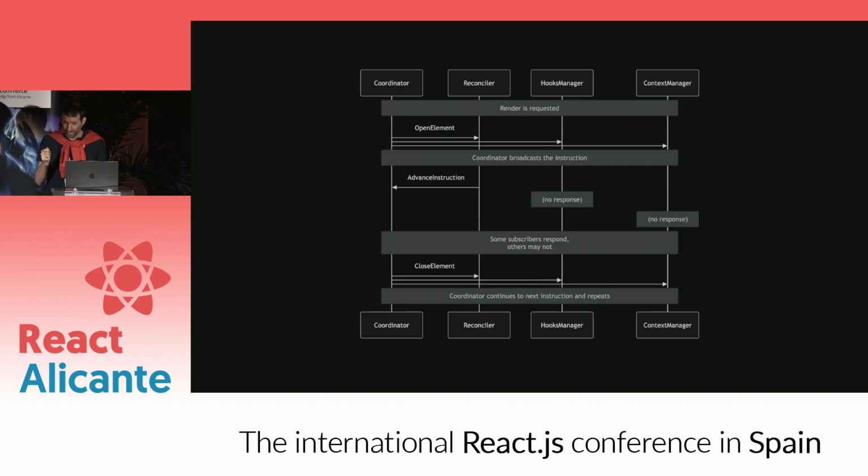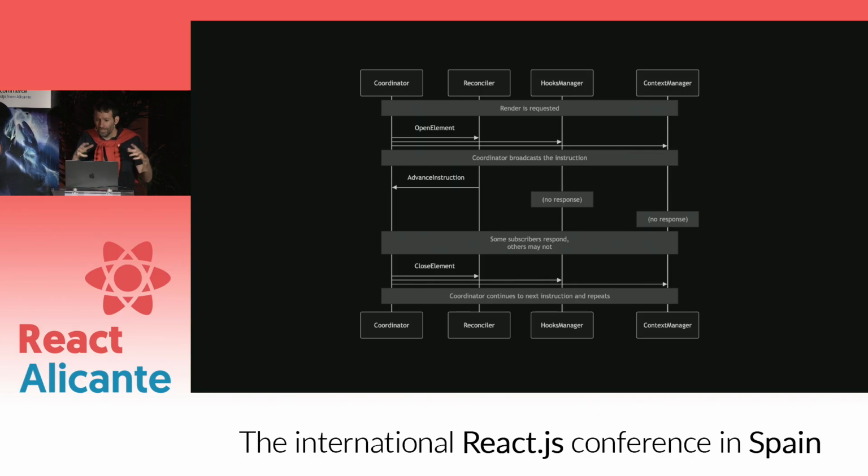When it yields an instruction, for example, an open element instruction, it will broadcast that instruction to other parts of the system, like the reconciler, or the context manager, or the hooks manager. And then some other actor in the system may say, yeah, I know how to handle this instruction, I've handled it, this is the result, advance to the next instruction. And then the coordinator will say, okay, this is the next instruction, and so it goes on.